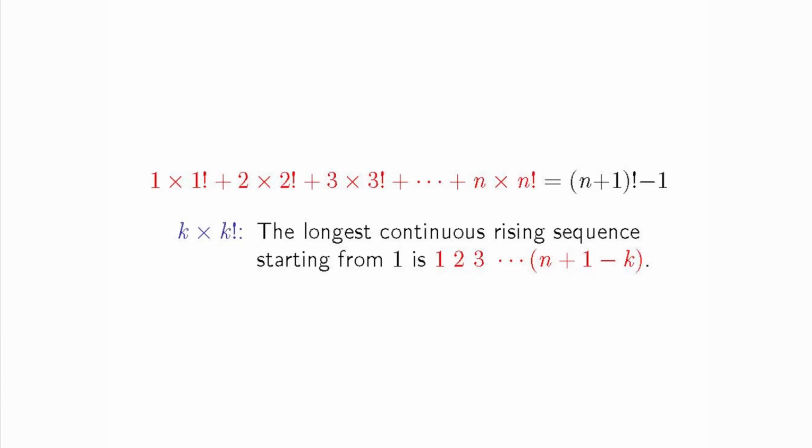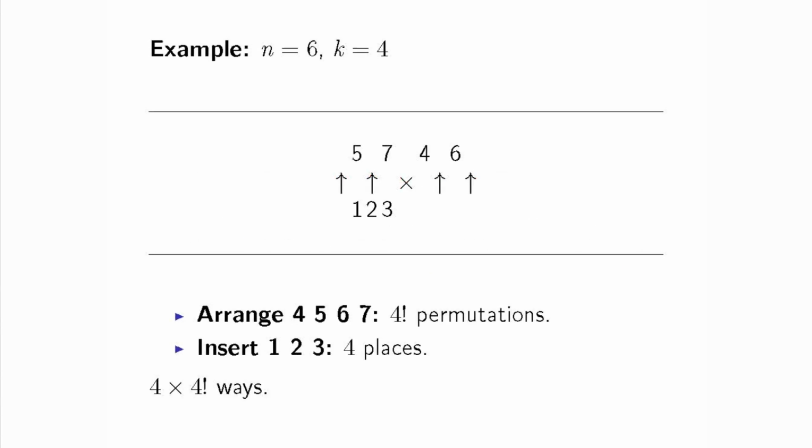Why is this? I will go with an example first. If we have n equal to 6, so 6 plus 1 is 7, we want to arrange 7 numbers. And the longest rising sequence from 1 is 1, 2, 3, which means n plus 1 minus k is 3.